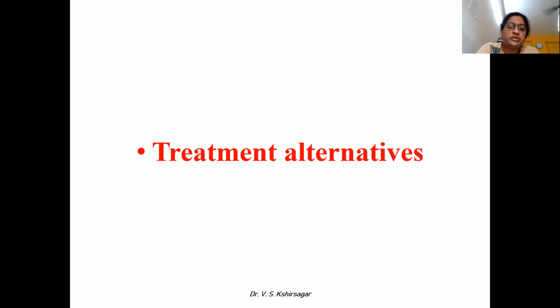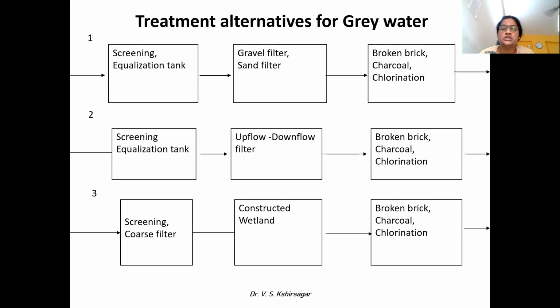Okay, alternative treatment methods. What can be possible alternative treatment methods? I will keep on discussing quickly. You can draw these alternative methods. Treatment alternatives for gray water. There are three types of water we have discussed: gray water, black water, and yellow water. Yellow water is generated from the urinal systems.